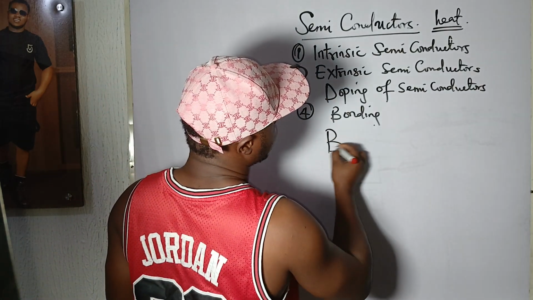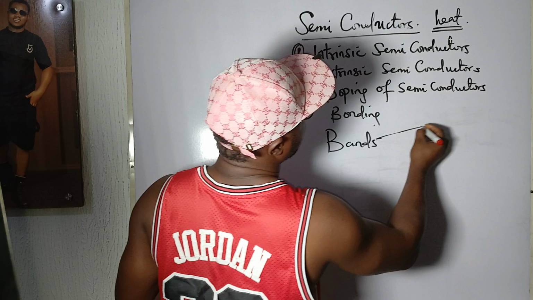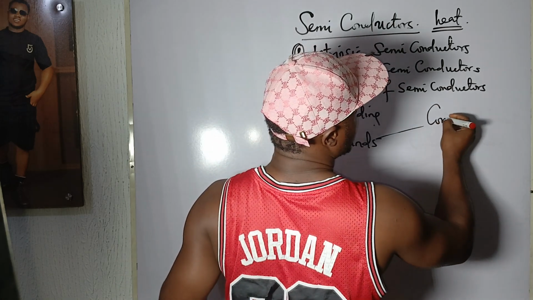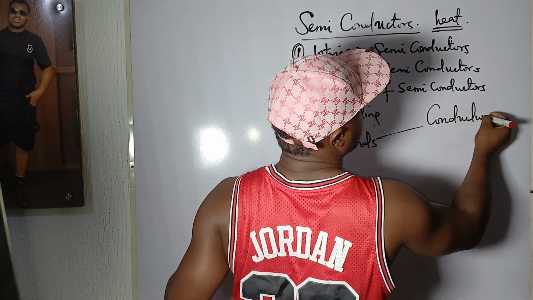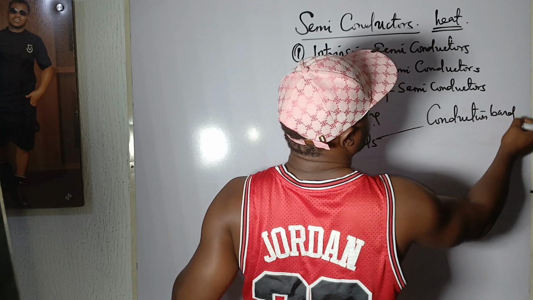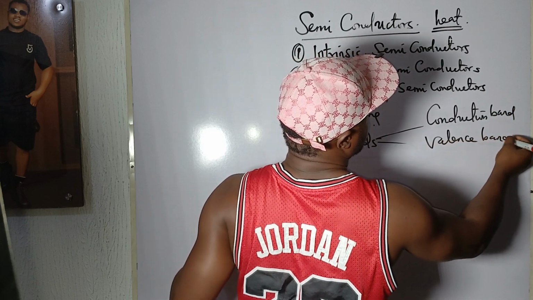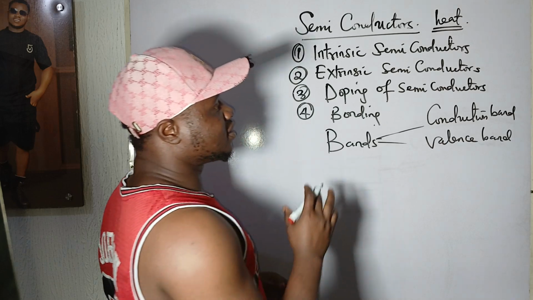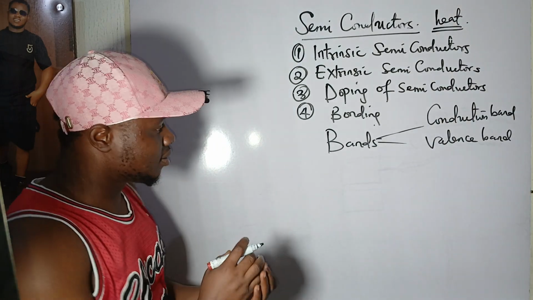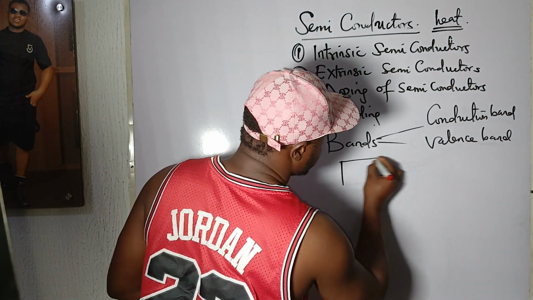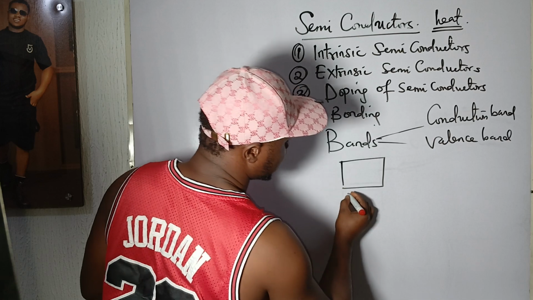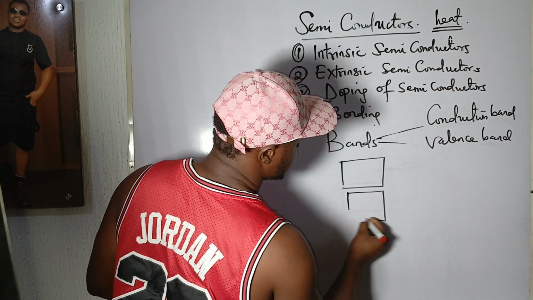So in this material, we have two bands, two regions. We call them bands, and these two regions are the conduction band and the valence band. These are the two bands that we see inside this material. So let me draw it. I have it like this: the first band and the second band.